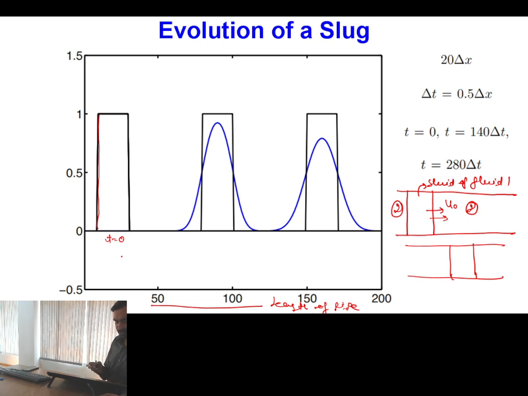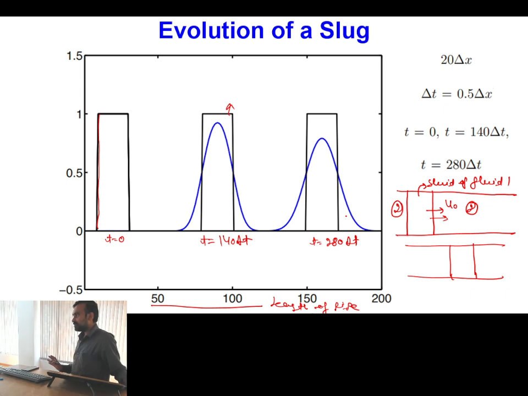Now physically what should happen? After some time, say t equal to 140 into delta t, this will be the new position of the slug, and after some time t equal to 280 into delta t, this is a new position of the slug corresponding to which I am having this representation. All are clear with this point?